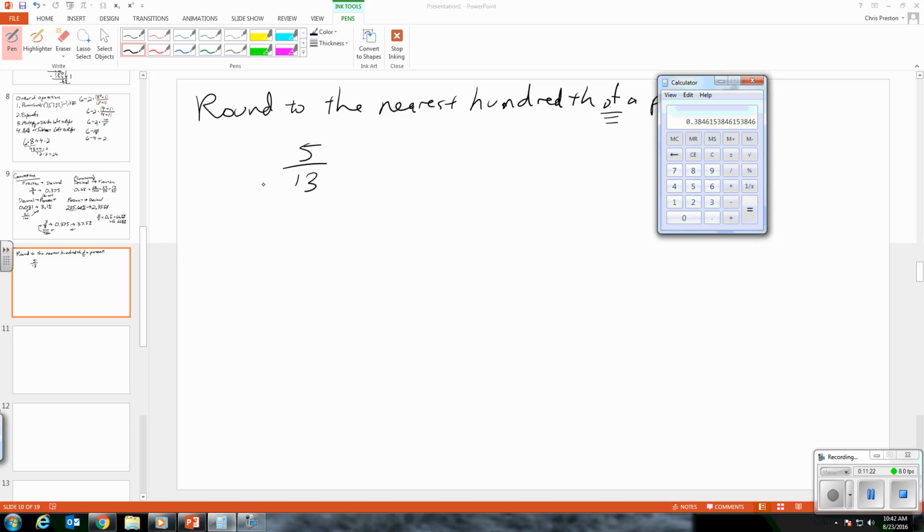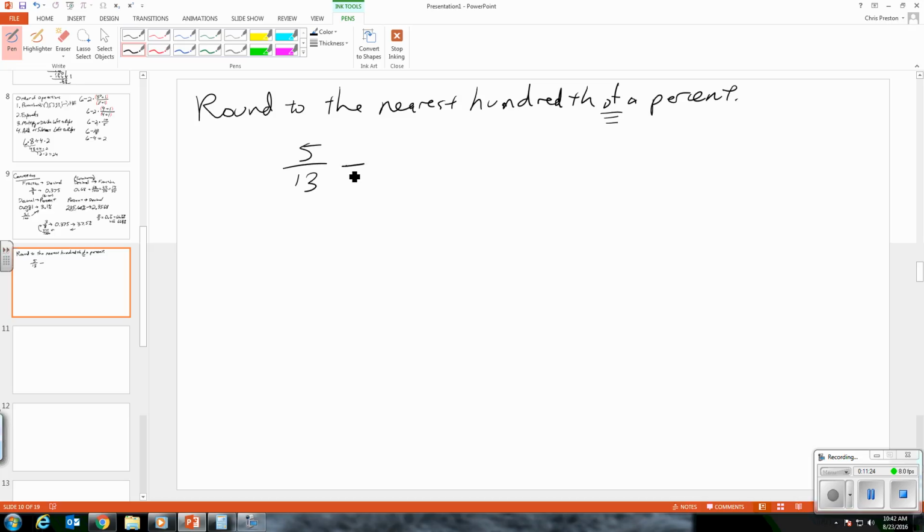All right, so I gotta remember that if I don't write it down. 0.384615, I think that's what I had, and, you know, more. So I'm going to turn this into a percent. I'm going to move the decimal 2 spots over. So 38.4615 percent. And then nearest hundredth of a percent.